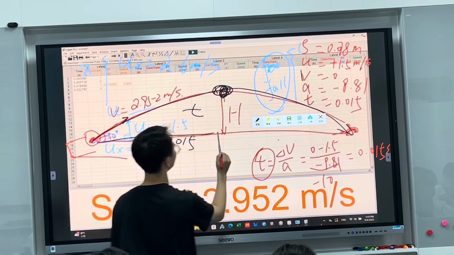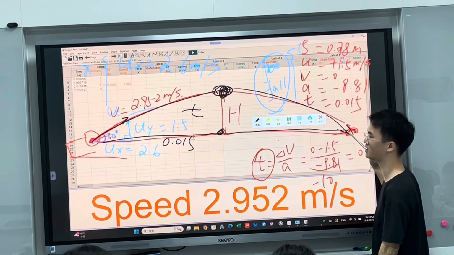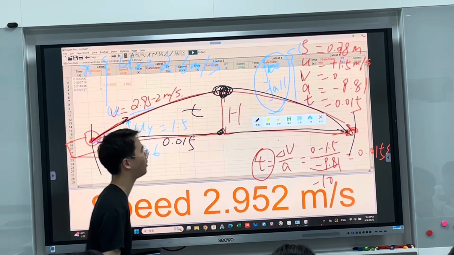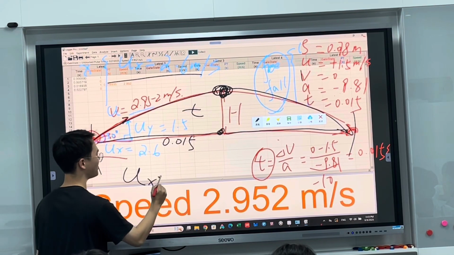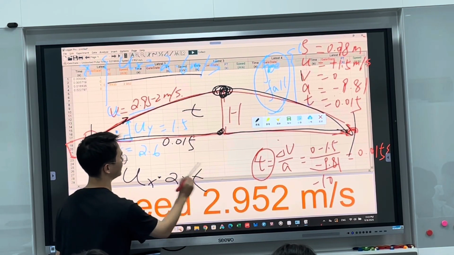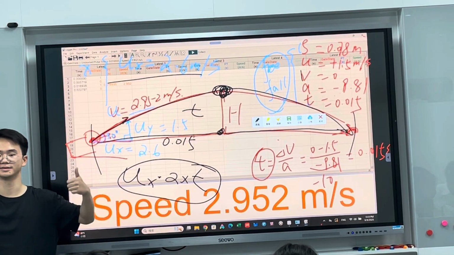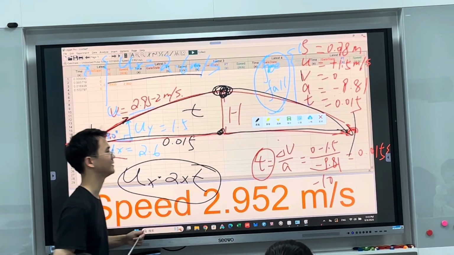It takes this much time to travel here, and it takes another 0.015 to travel here. So the range, which is the horizontal distance that it traveled, is equal to Ux times 2 times T. Does that make sense? Any questions? We're good? Very good.